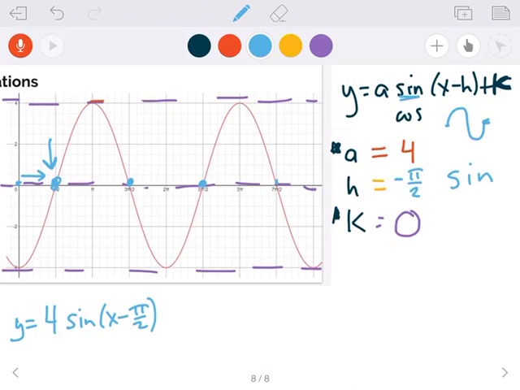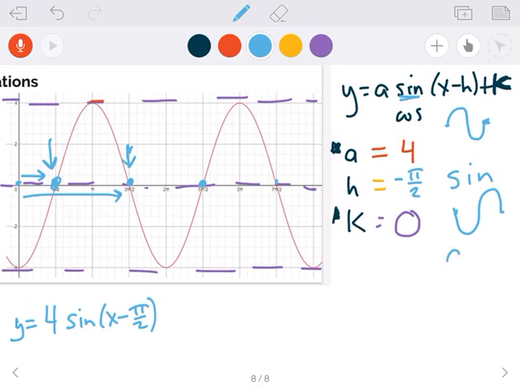However, that's not the only equation we could write. We could also consider this to be a sine equation that goes down first and then up, which would mean it's a flipped, or reflected, sine equation. If that's the case, we could say that our starting point was here at 3 pi over 2. If it's flipped, we'd need to change our a value as well and make it negative, and the starting point has been shifted all the way over to 3 pi over 2.